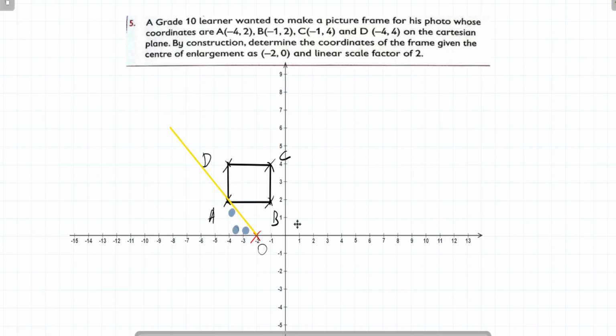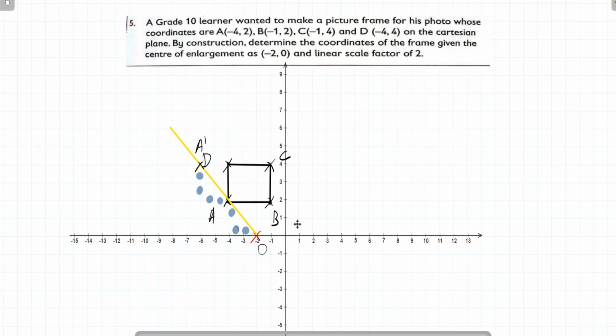On the left 2, up 2, so you do the same thing: 1, 2, then going up 1, 2. So that is your A prime. Your A prime is there now. Again, A prime is here.